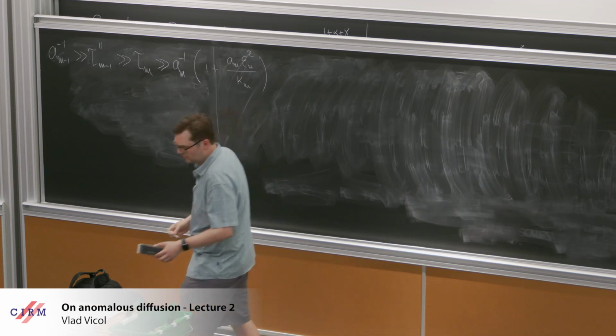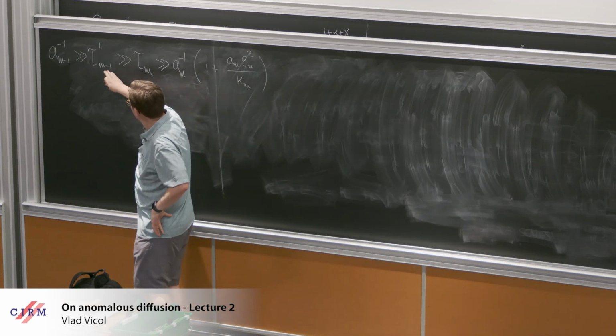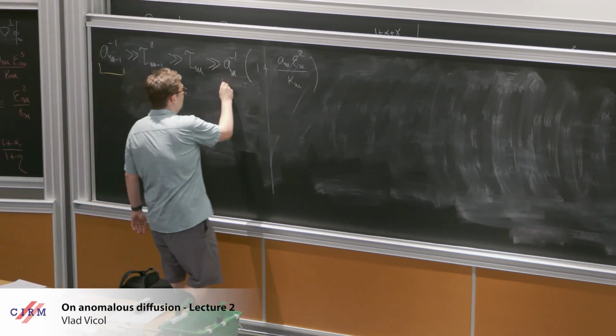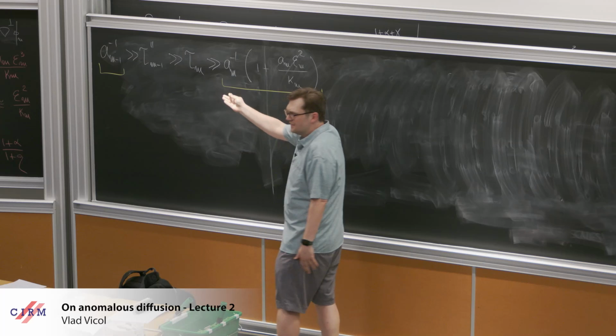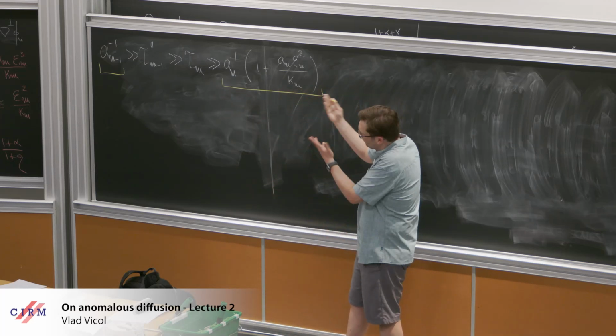Okay, so can you choose these times? Well, you can choose them if there is space. If this is much bigger than this, you can obviously then pick the times. If there is no space, you cannot do it. If there is space, you can do it.